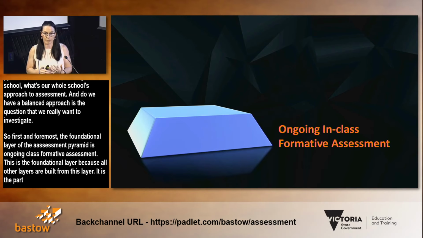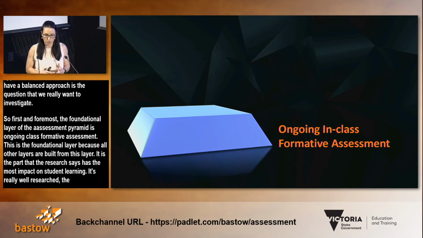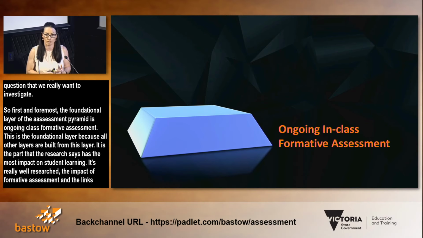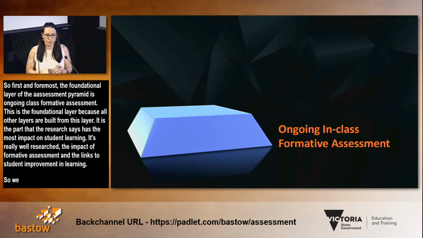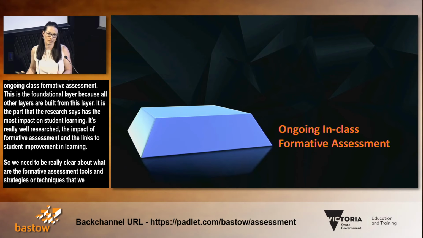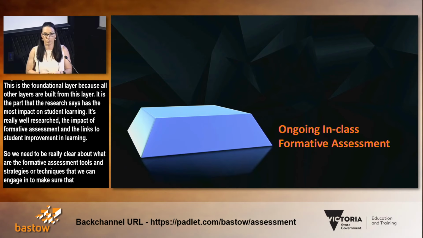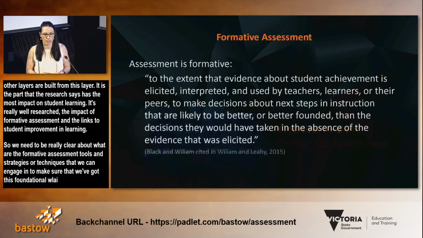It is the part that the research says has the most impact on student learning. It's really well researched, the impact of formative assessment and the links to student improvement in learning. So we need to be really clear about what are the formative assessment tools and strategies or techniques that we can engage in to make sure that we've got this foundational layer of assessment happening in our school.